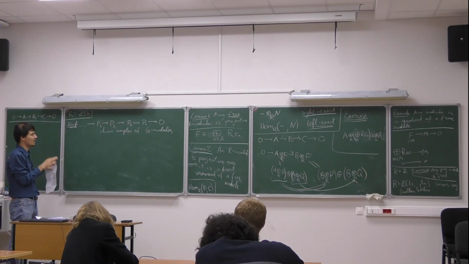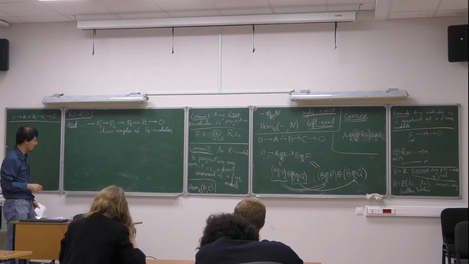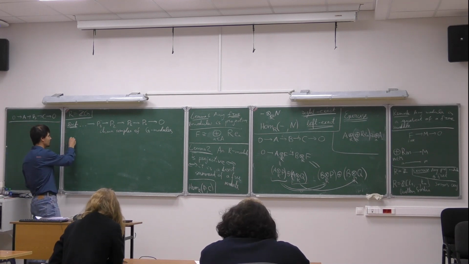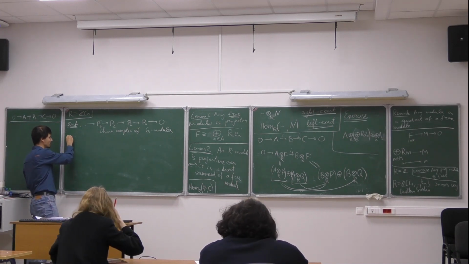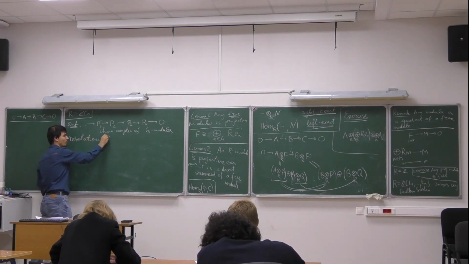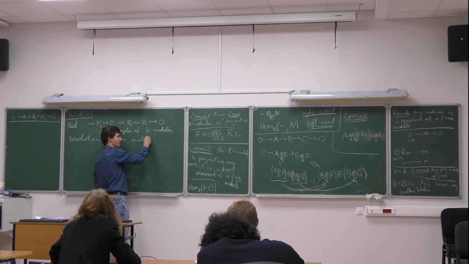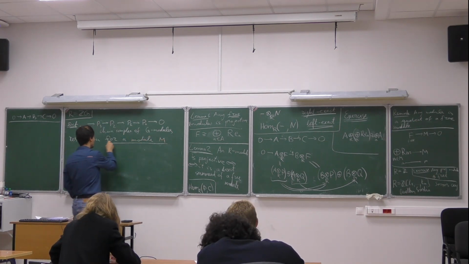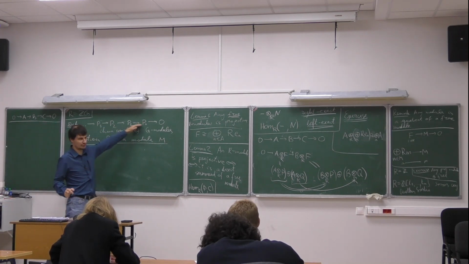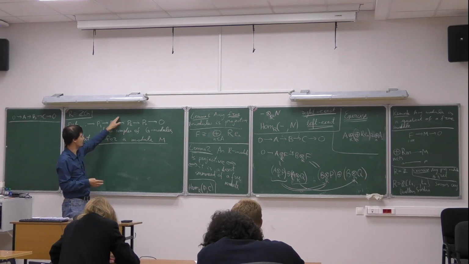Starting from here, I always assume all modules are left modules. So suppose we have a chain complex of G modules, and this chain complex is called a resolution for a module M if the homology of this chain complex is, as usual, the kernel.